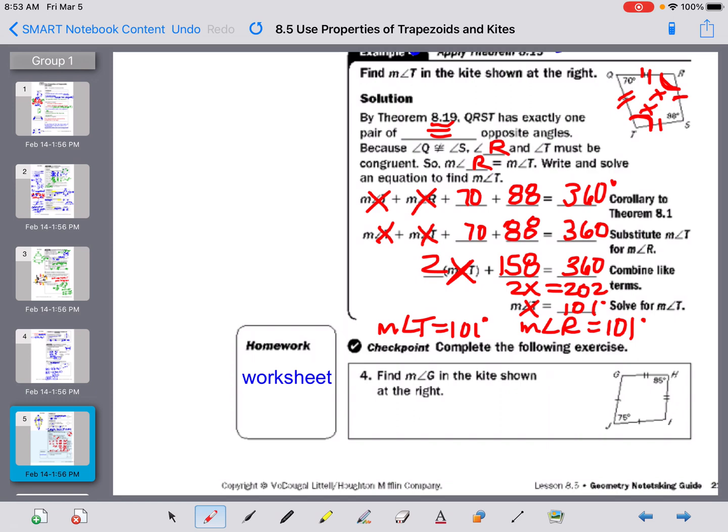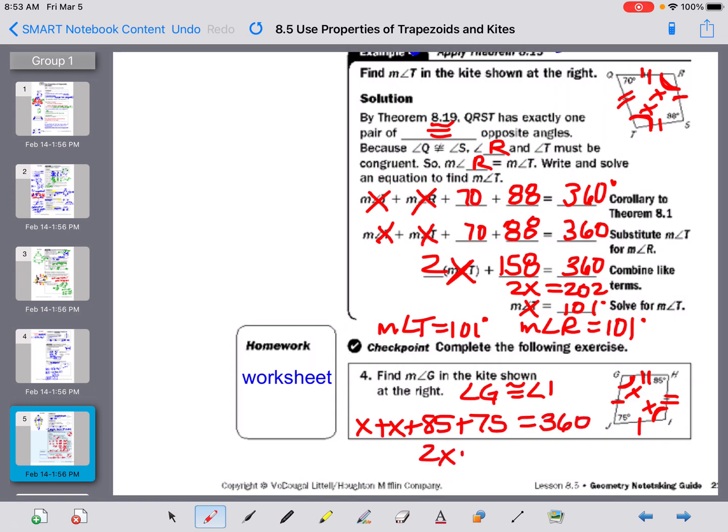All right, another quick one here. Find the measure of angle G in this kite shown at the right. I notice my two pairs of congruent sides, and in between the non-congruent sides are angles that have to be congruent. So angle G has to equal this other angle, and I'm going to put X on both of them. So I get X plus X plus 85 plus 75 equals 360.